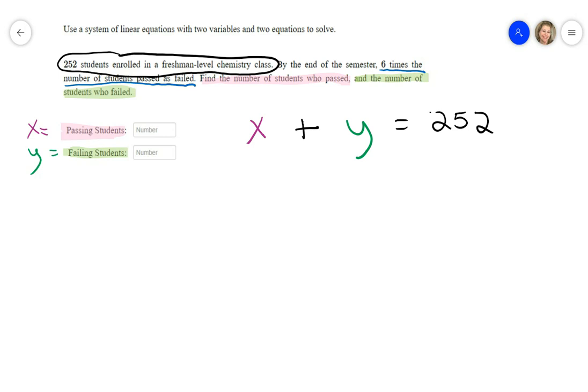So if y students failed, then 6 times that is what passed. If you take the number of students that failed, multiply it by 6, that's going to equal the number of students that passed. I now have two different equations with two unknowns.